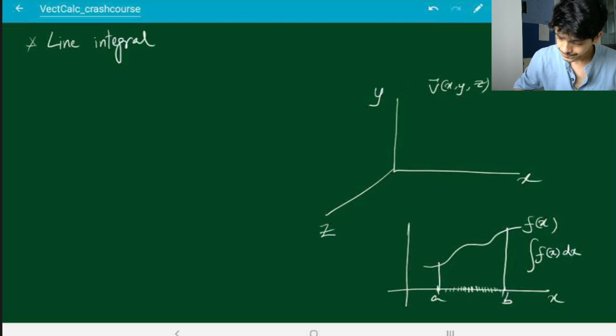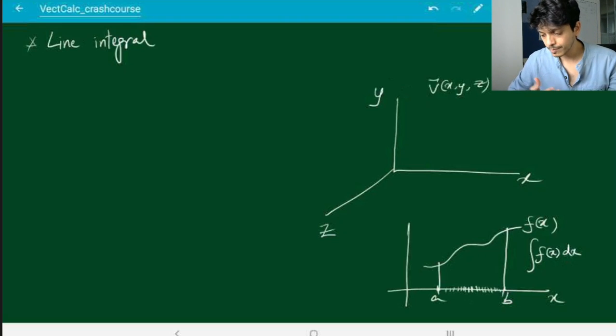Now over here, since we have multiple variables, we are working in the xyz space. It's not necessary that we want to integrate only along x. We might want to integrate along y, along z, or in general along any arbitrary line or curve in this xyz space.